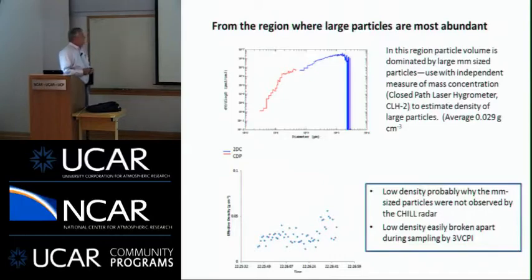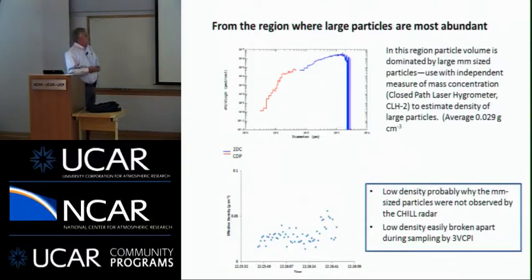So we tried to go to the region where the large particles were most abundant by looking at the volume distribution, which is plotted here. And we picked this region because the particle volume distribution is dominated by millimeter-sized particles.